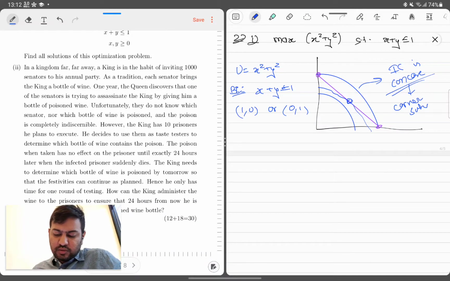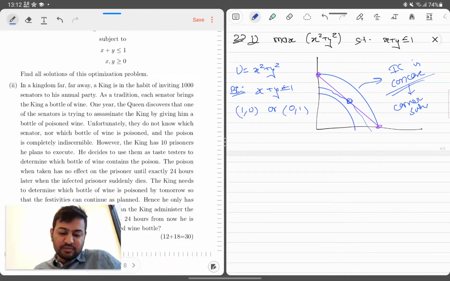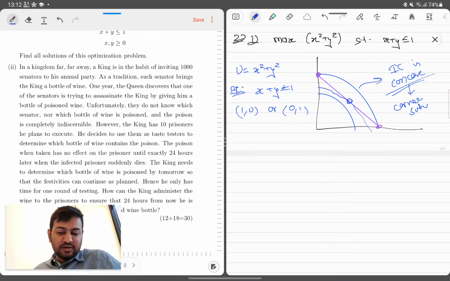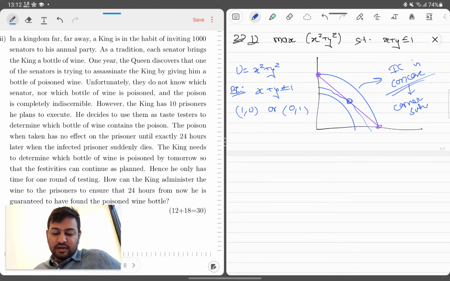Question number 2 is a very desperate attempt by ISI to include some sort of a puzzle into the paper, and it's basically a puzzle you can find the solution of anywhere, maybe even some family WhatsApp group.